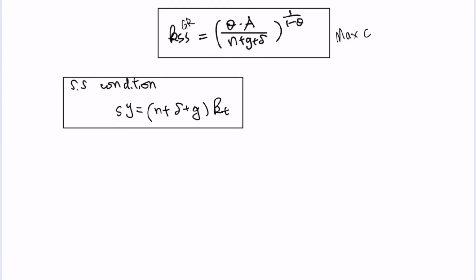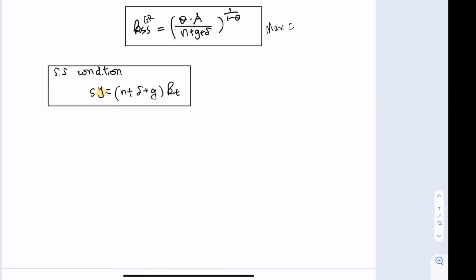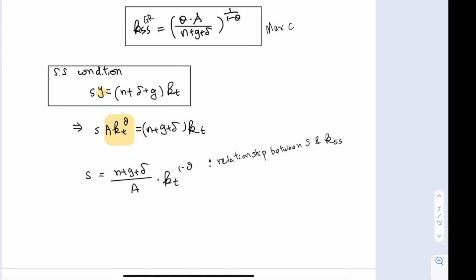Once we know the result for the K that maximizes the consumption, we want to look at the steady state condition to find out the relationship between the saving rate and the capital. So what we do here is plug the production function into the Y, and then we have the new version of the steady state condition, that is S A K to the power of theta equals (N plus G plus delta) multiplied by K. From this equation we get the relationship between the saving rate and the capital stock.